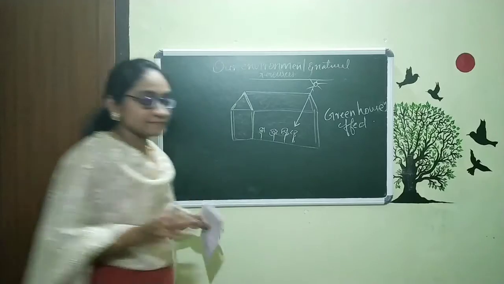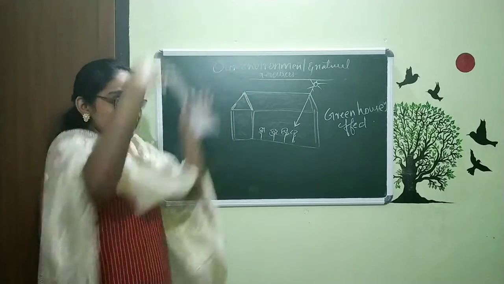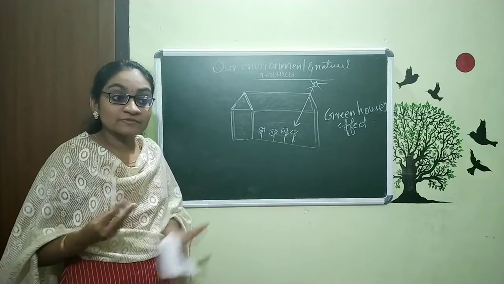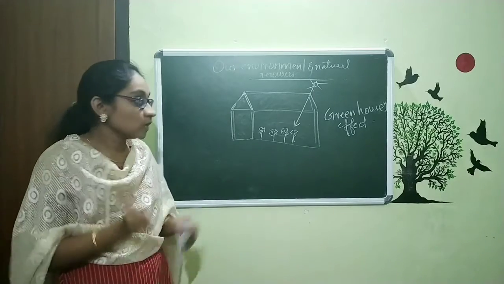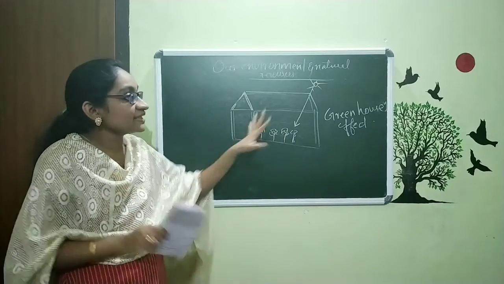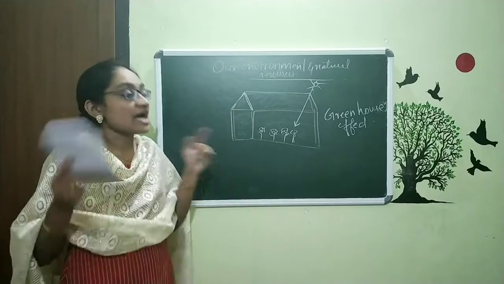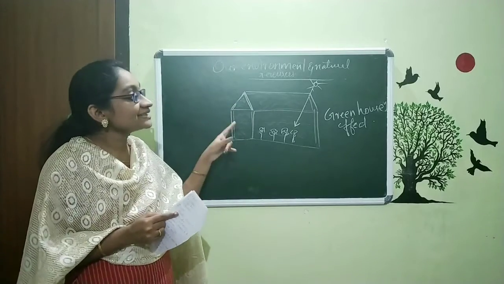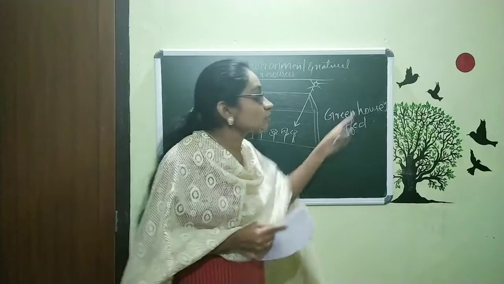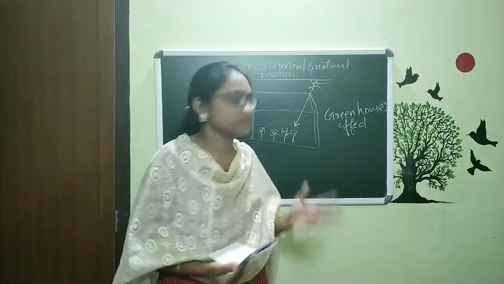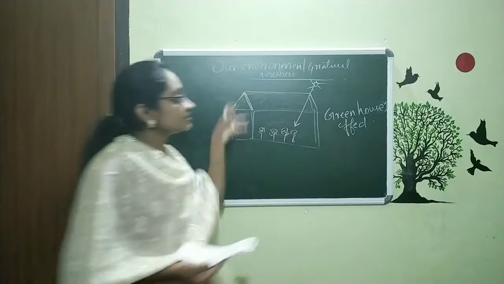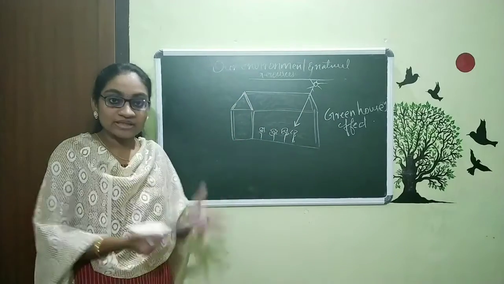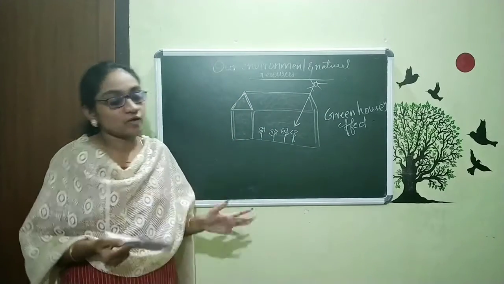The thing is very simple: the sun rays come in, but the heat cannot escape back, so it is trapped in a particular region, and I can call this effect the greenhouse effect. It happens within this particular glass house, our greenhouse.